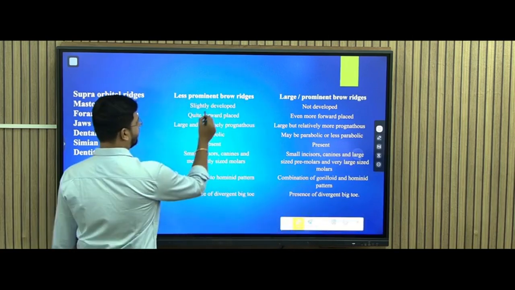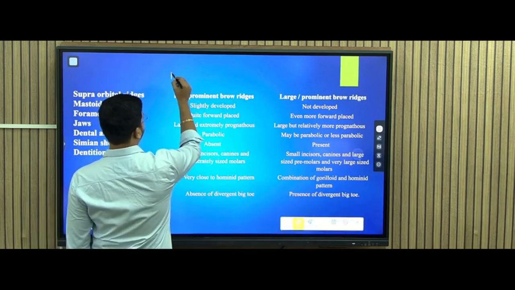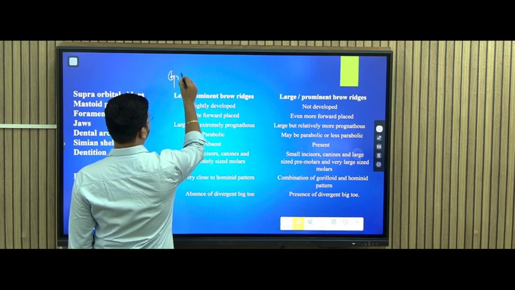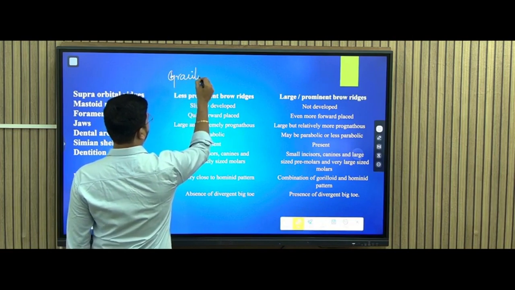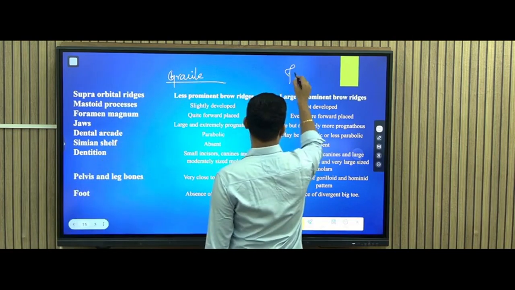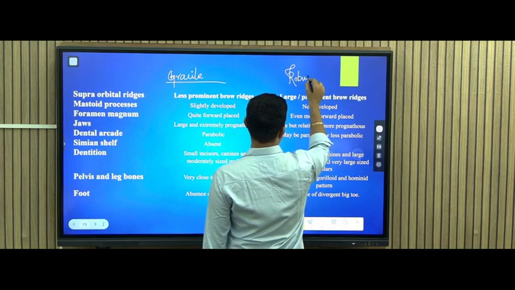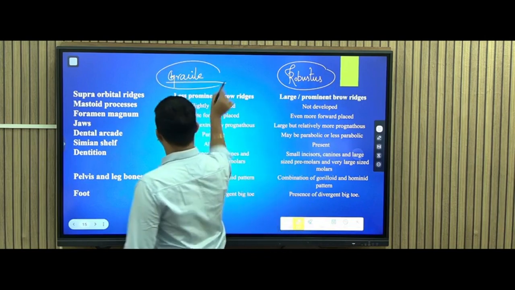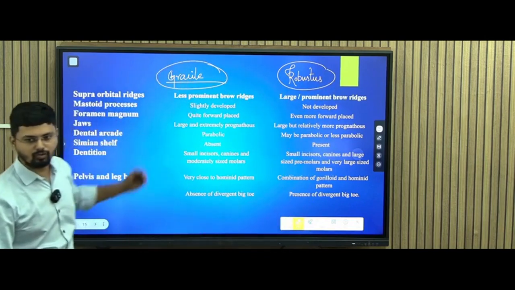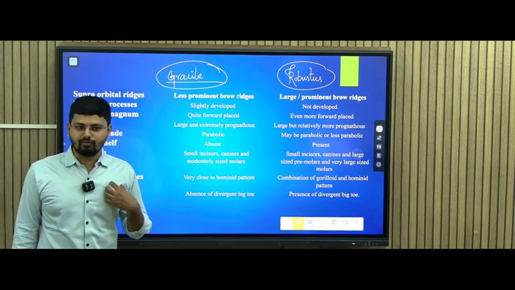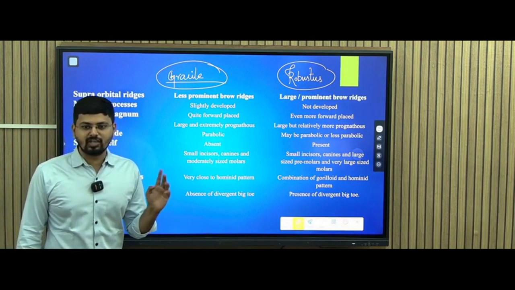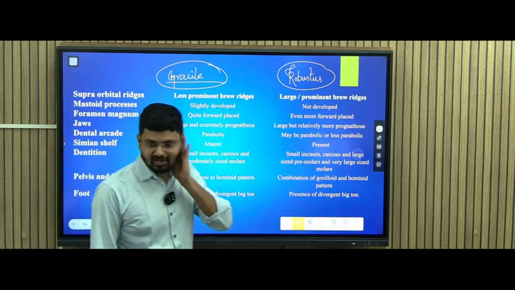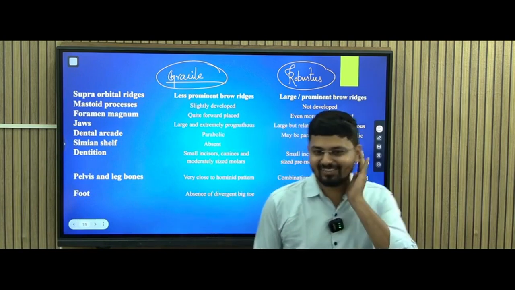See here you can notice that this is gracile, this is robustus. Robustus means little far away from humans. This is little close. And what is the feature of humans? Mastoid process is well developed. You can touch behind your ear and see it is well developed.